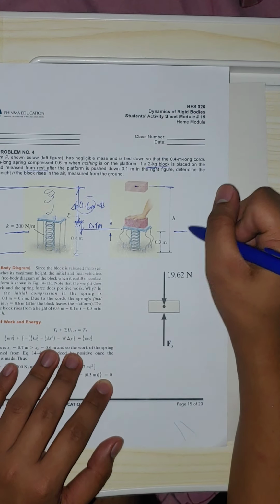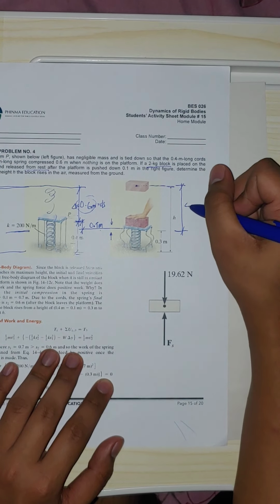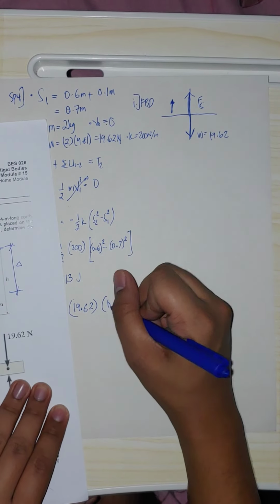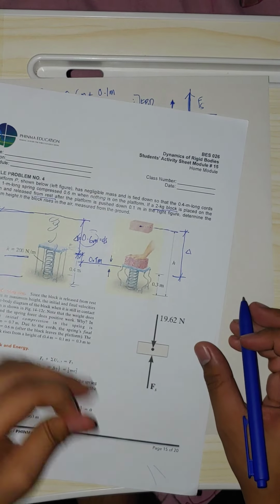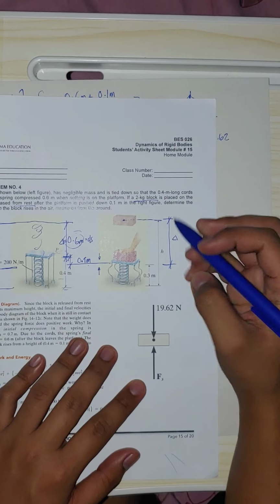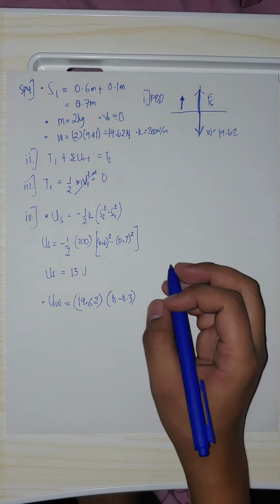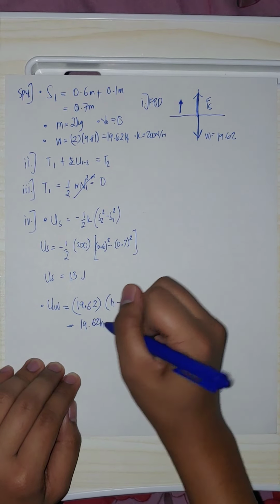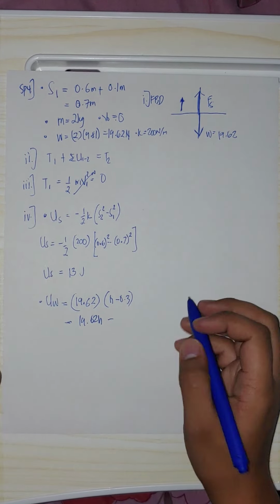So the displacement due to the weight is the change in height. So we are going to use this displacement. How much is that? That is times H minus 0.3. So remember, the distance in work is always the displacement, not this, but rather from the initial to its final, that is the displacement. Or 19.62 H minus 19.62 times 0.3, which is 5.886.